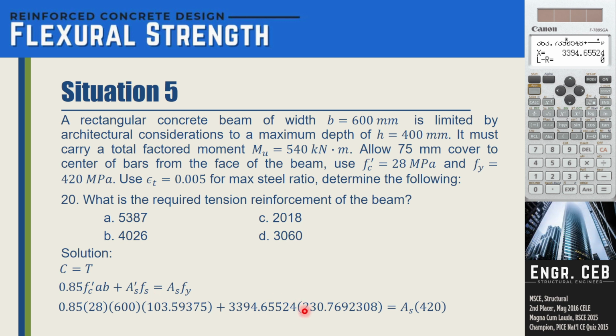And fs, we also computed already. And this is equal to As times fy. So we can now compute the required value of As. We have 5387.38, and that is letter A.